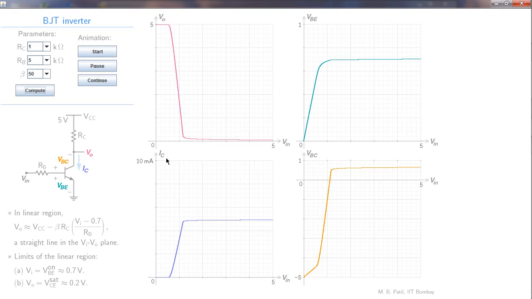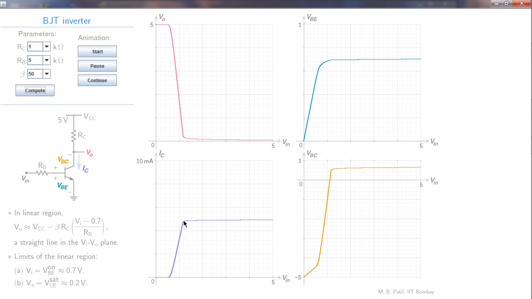What about IC? IC versus VI. It is 0 in the beginning because the transistor is in the cutoff region when VI is less than 0.7 volts. Then the transistor enters the linear region, all of this, and that is described approximately by this equation. And so IC keeps increasing.